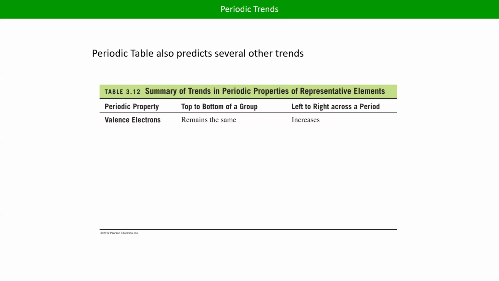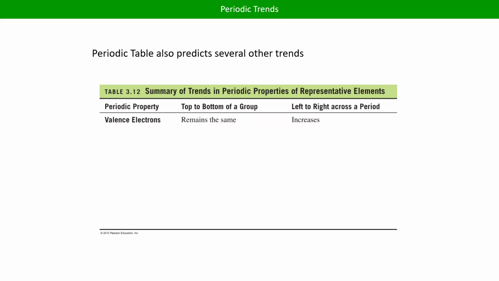How does the element get smaller? So the element gets smaller because what else is changing when you go from left to right across the periodic table? If we're adding more protons, what do protons do to electrons? Oh, they pull it all in tighter.